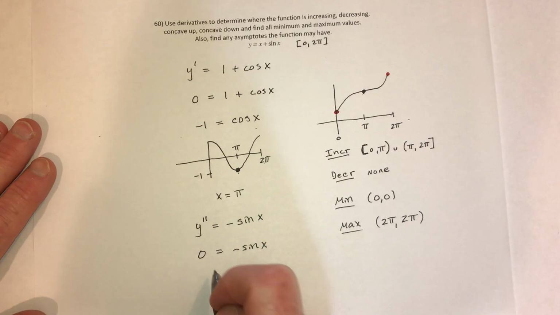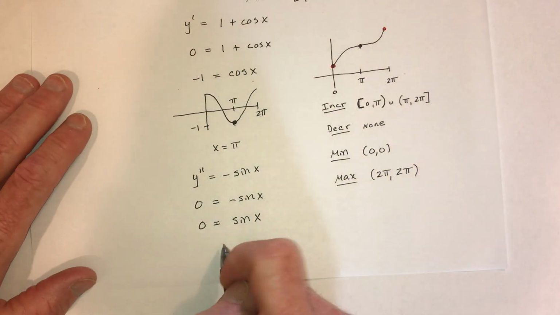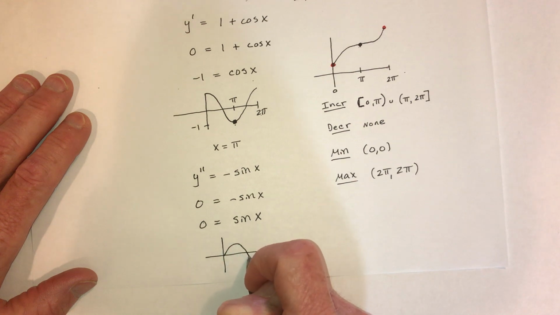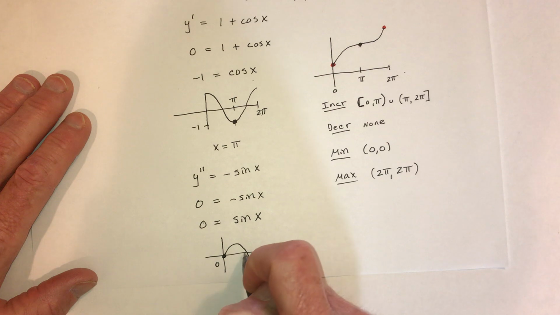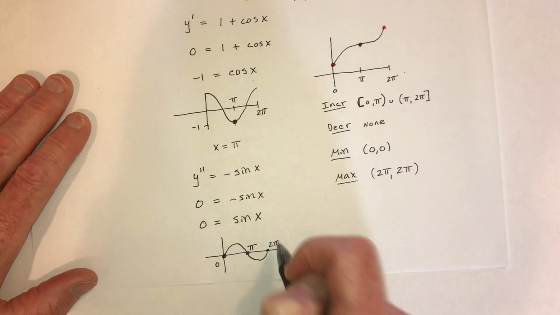You could multiply both sides by a negative 1. It will then say, when does sine equal 0? So the sine graph looks like this. It equals 0 when x equals 0, when x equals pi, and when x equals 2 pi.